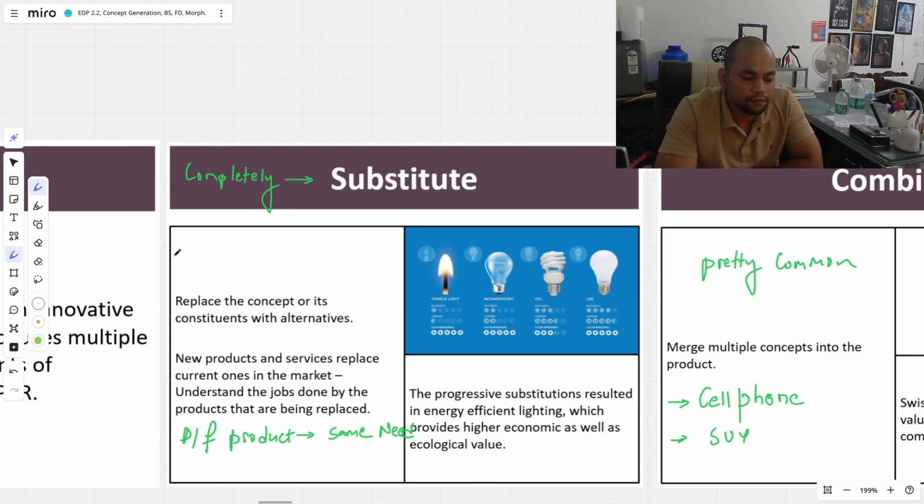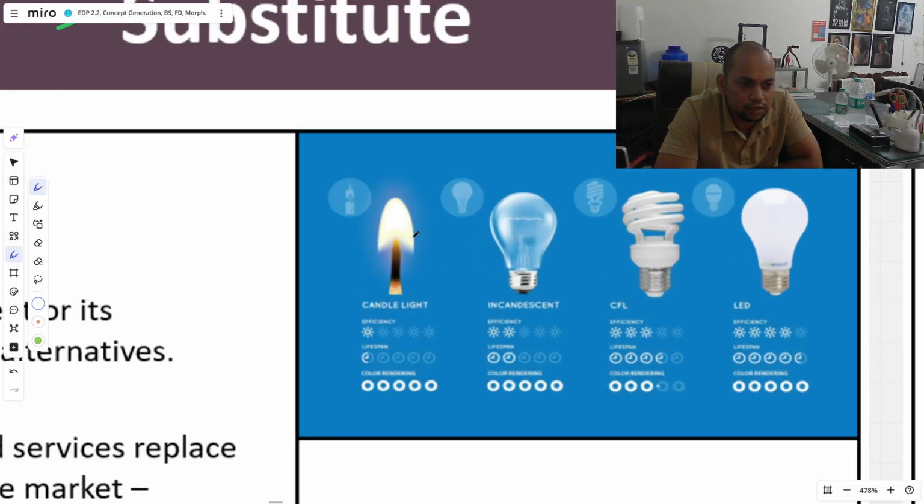That is also one way of thinking. So, substitution. Initially only candlelight was there, and before you had wax, there were just oil and a wick. After that the candle came, then incandescent bulbs came into the picture in the early part of the 19th century.